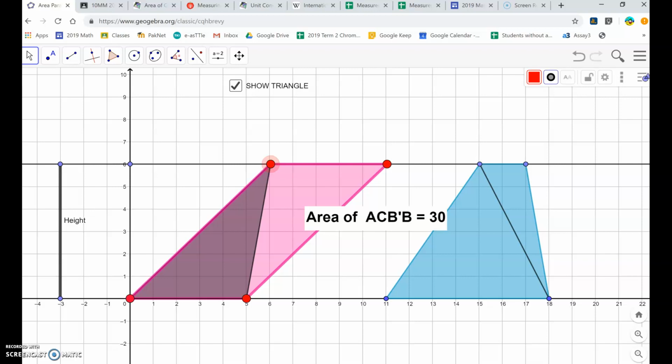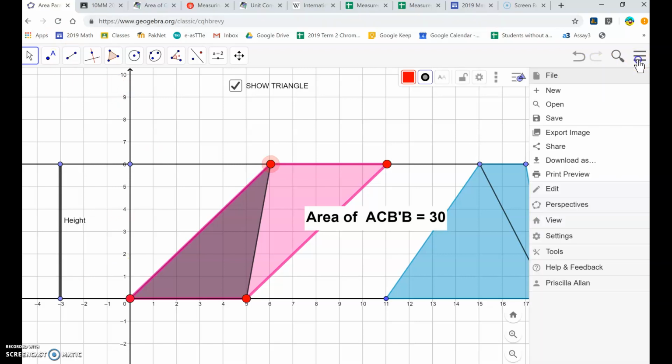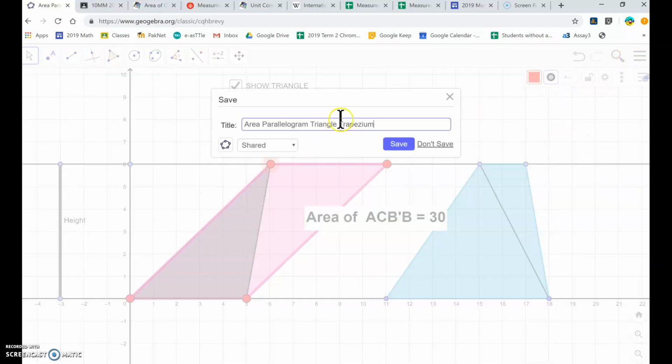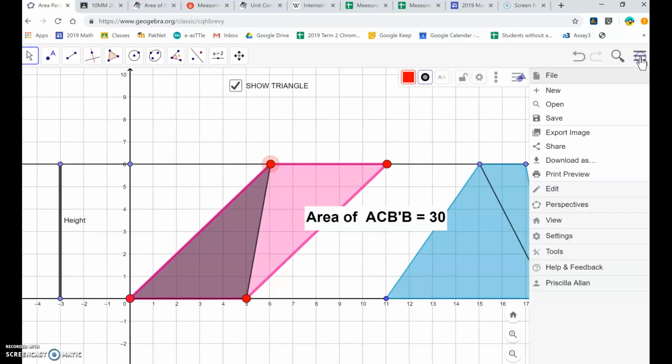Oh, yep. What's the radius? So let's just go here with our lovely GeoGebra. I'll save that so it's not gone. And then we are going to go new.